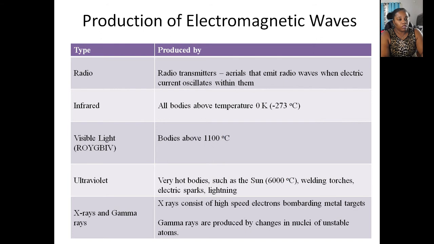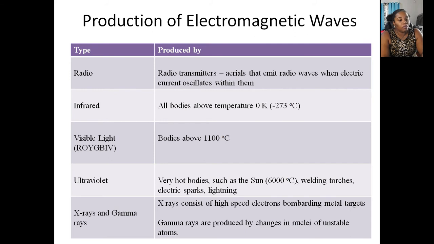Infrared is produced by all bodies above 0 Kelvin. Visible light is produced by bodies above 1100 degrees Celsius. And you have RGB. Remember, visible light has all the 7 colors of the rainbow, which are red, orange, yellow, green, blue, indigo, and violet.